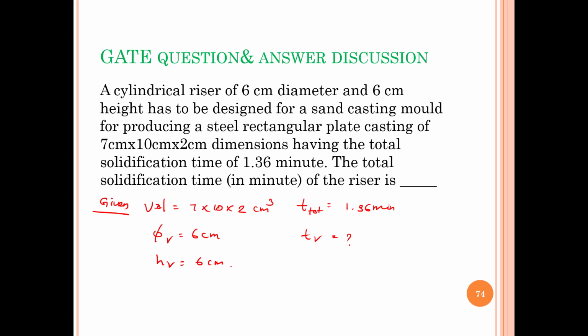So we know that solidification time T equals constant times (volume divided by surface area) whole square. For the steel plate, the total solidification time is 1.36 minutes.